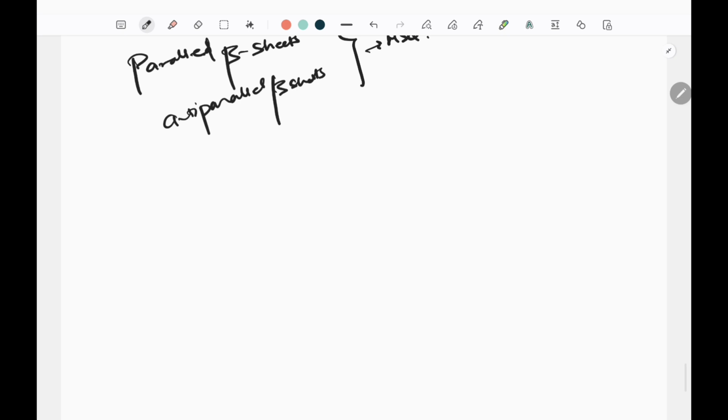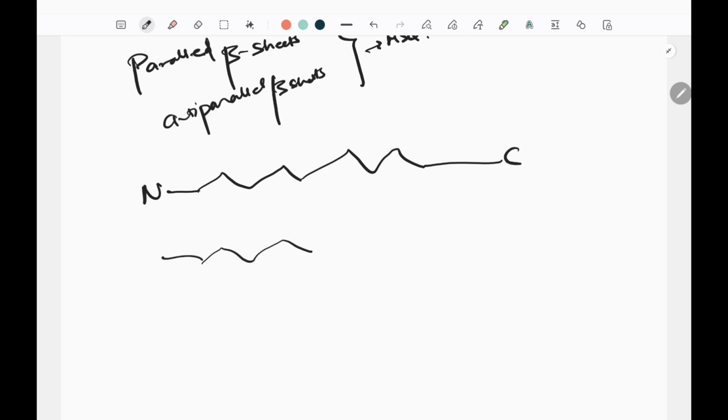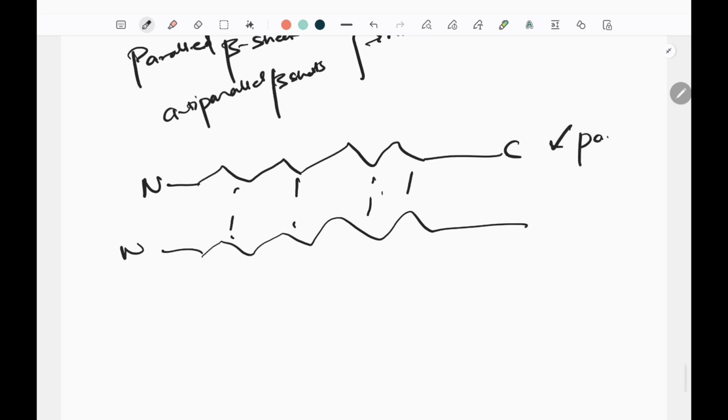But in a parallel beta sheet, if the N terminal starts here, right, and this sort of structure exists, the C terminal will end here, right? Another polypeptide chain will come, and it will have the same sort of structure. These sorts of beta sheets are called parallel, because the N terminals are parallel to each other, and the C terminals are parallel to each other.